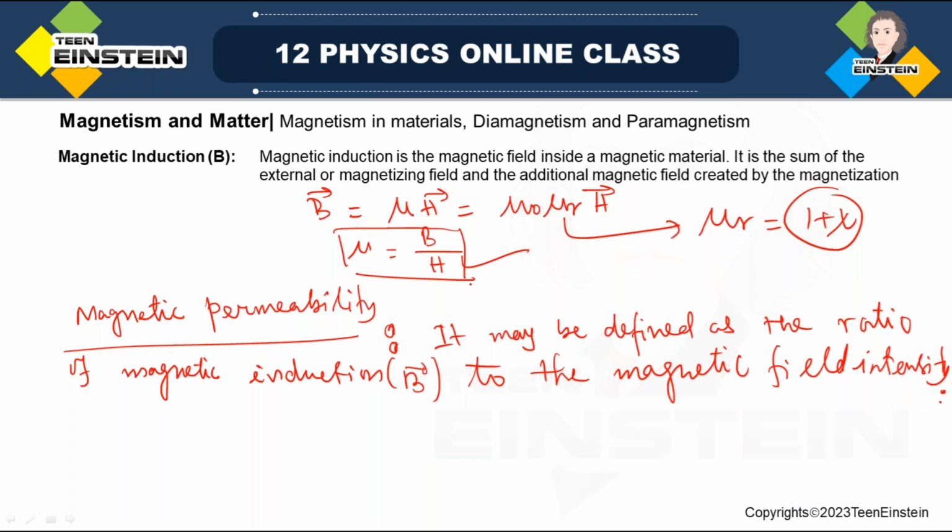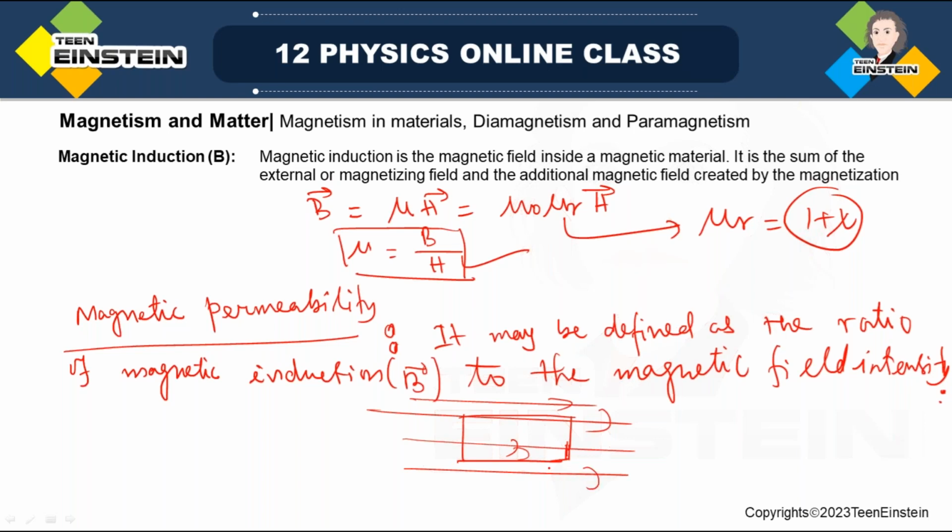It is actually permeability in the sense of permeable: how many total magnetic field lines can be permitted. Suppose this is a magnetic material placed inside a magnetic field, and suppose a uniform magnetic field is there in this region.